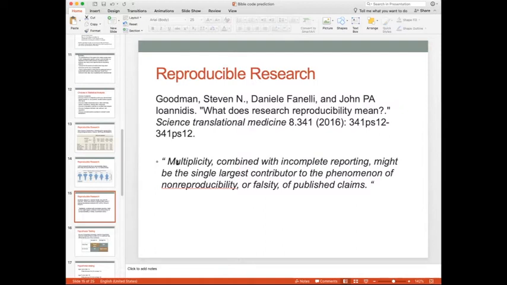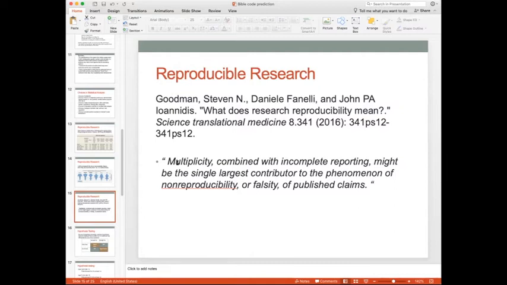That means people maybe take multiple looks at their data and don't say so. They just present it as if that's the only outcome they looked at and the only analysis they carried out, and they have this finding.